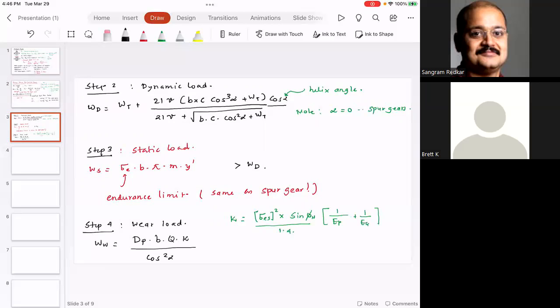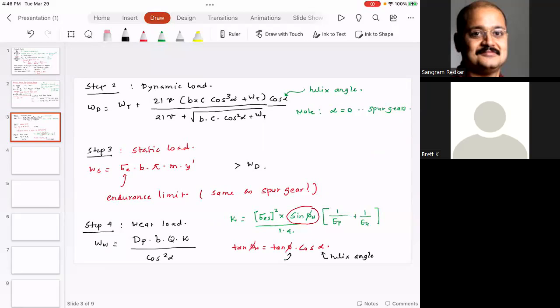And here is an important equation that I want you to understand. Here we have this normal pressure angle, phi n, so this is in normal direction. And the equation for that is tan phi n is equal to tan phi, which is the pressure angle, times cosine alpha, which is the helix angle.